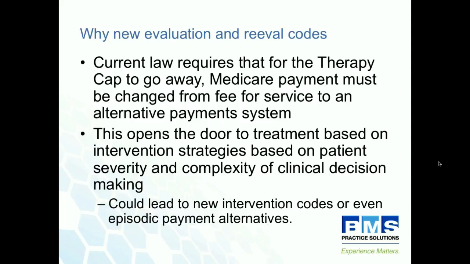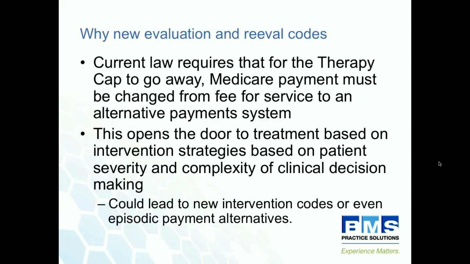So I think the first question to ask is, why do we need new evaluation and reevaluation codes anyway? Well, this is primarily being driven by a change in the law that happened back in 2007, which basically requires CMS to move away from fee-for-service fee schedule payment and therapy cap. And the only way for the therapy cap to go away is for Medicare to change the payment system to an alternative payment system.